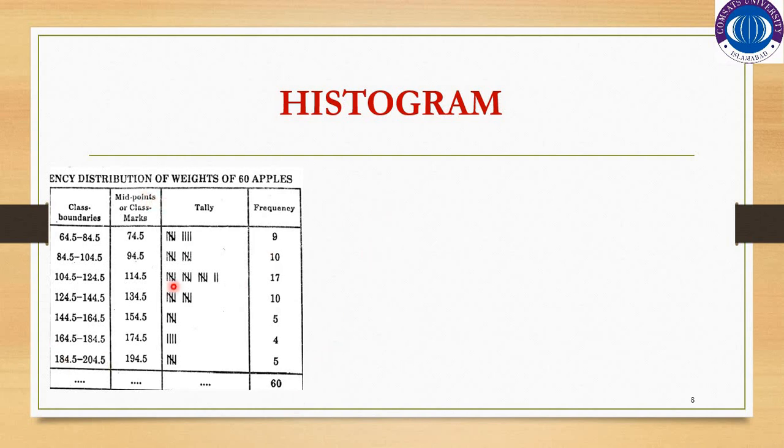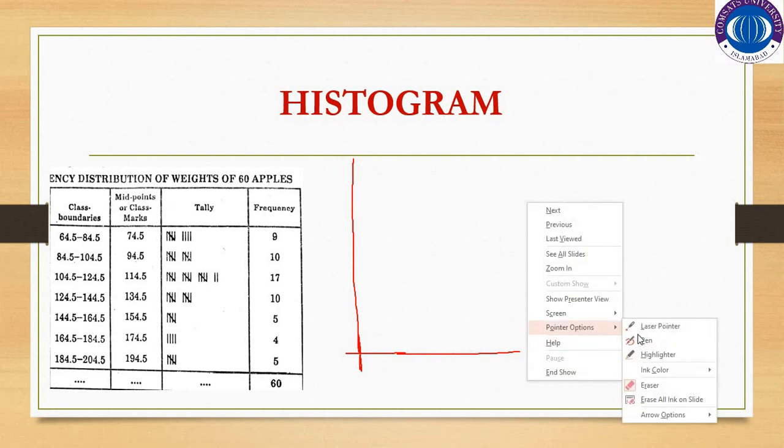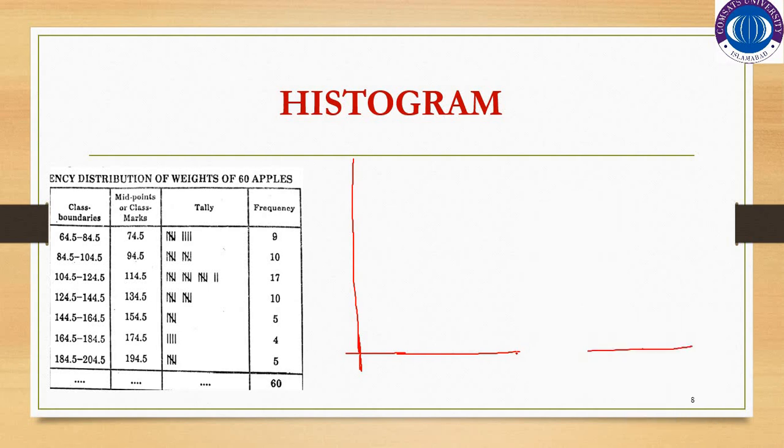As you are familiar with this table, these are the class boundaries, these are the class marks, these are the tally marks, and this is the frequency of each class. This is the way to construct the histogram.